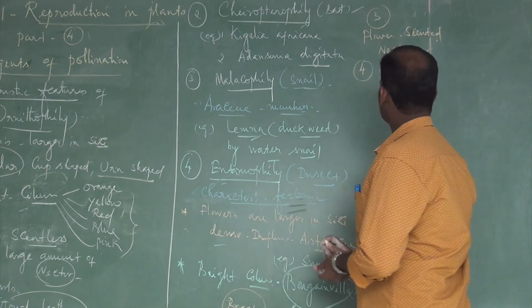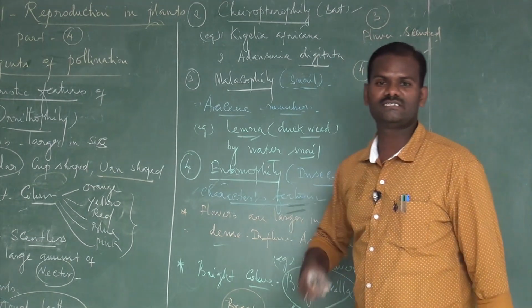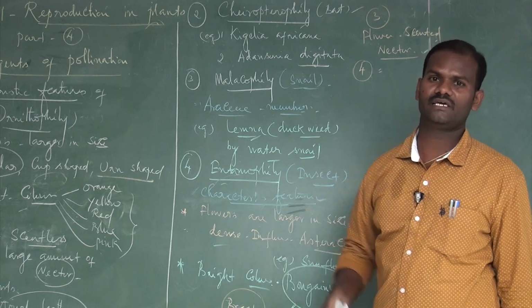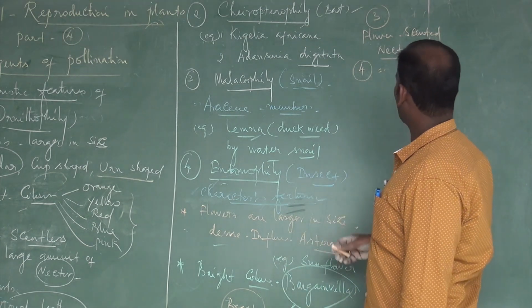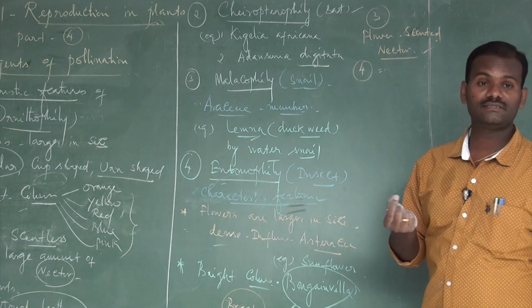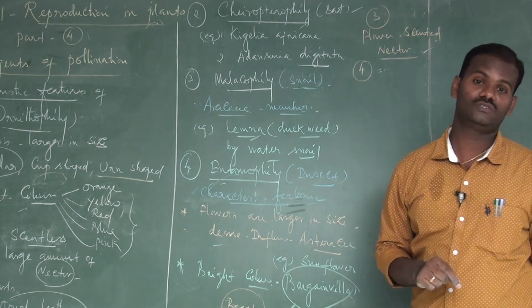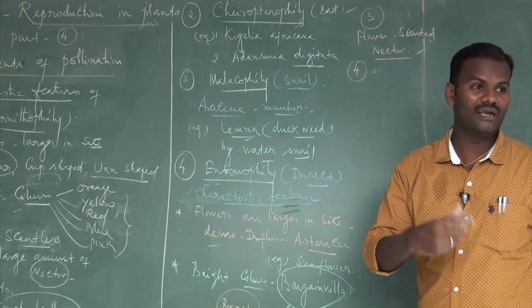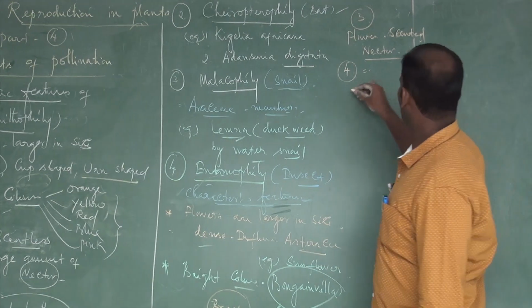The fourth one is, in some flowers, they are not responsible for secretion of nectar. Then what will happen? The pollen grains are also consumed as a food source, or used for building of hives. For example, honeybees.